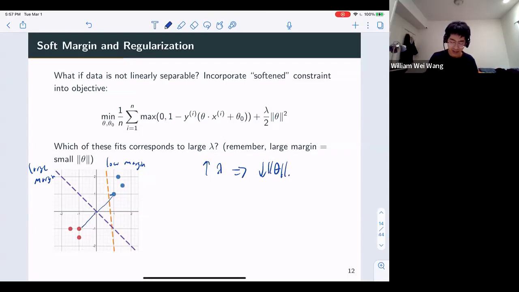That means this purple one is large lambda. So large margin classifiers: when you have lambda being large, this gives you a large margin classifier. Just remember that large lambda, small theta means large margin.